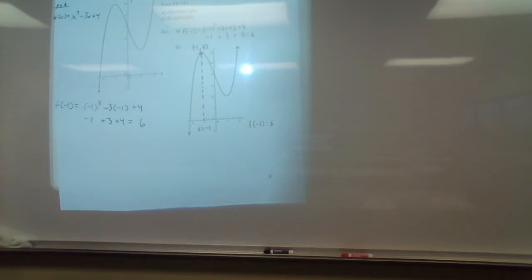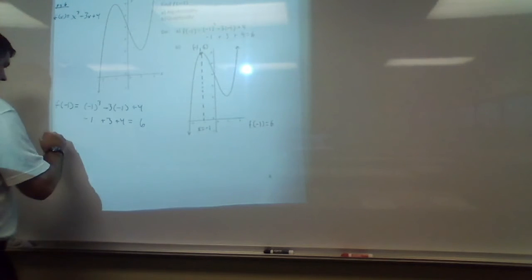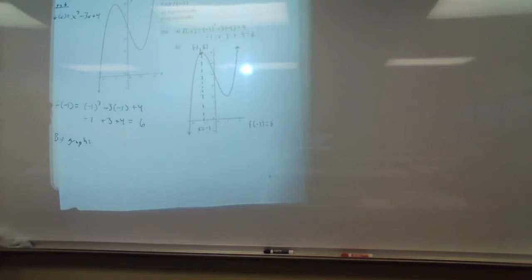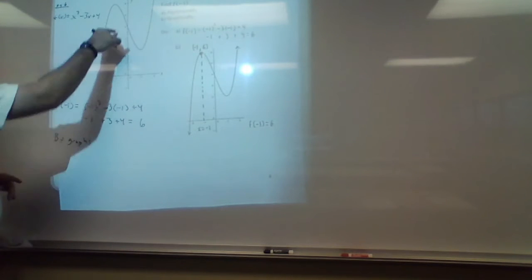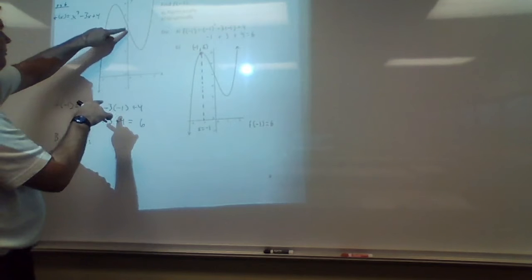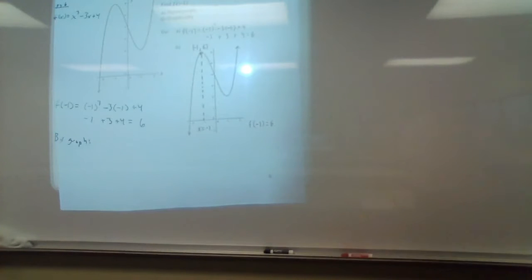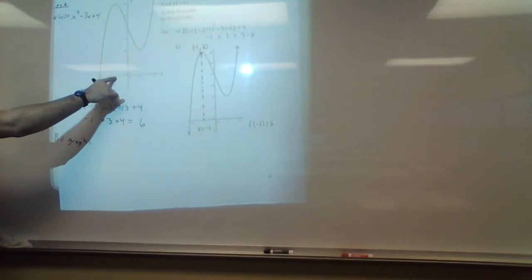Okay, now if I was to do this by graph, here's the graph. So here is x equals negative 1 on the graph. I will either go up or down to meet the appropriate coordinate on the graph. So I got x equals negative 1.